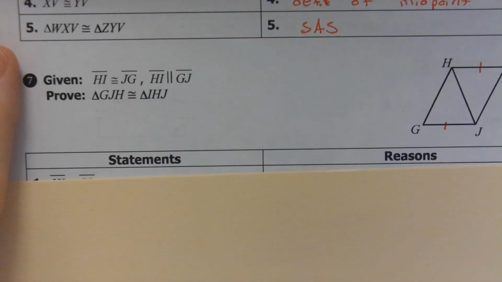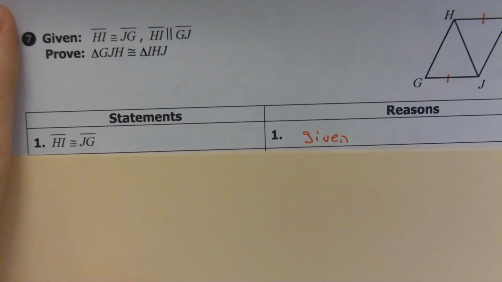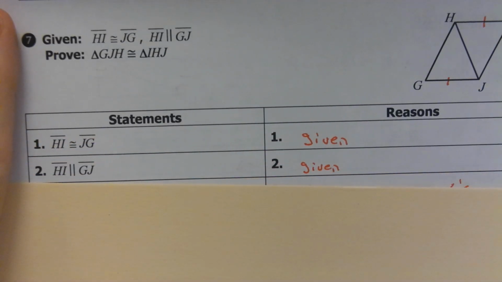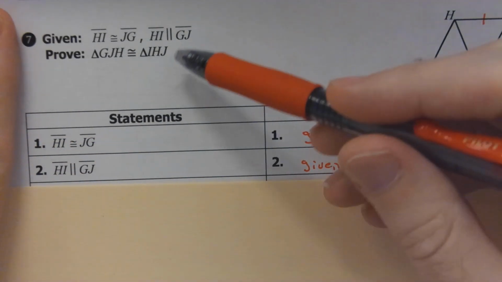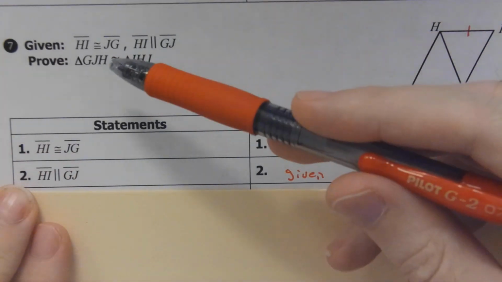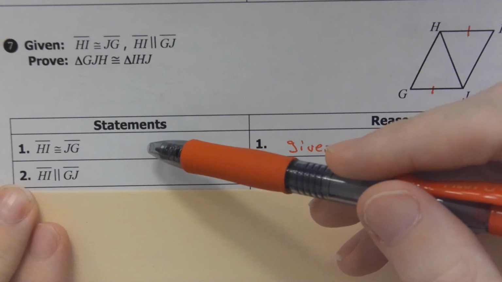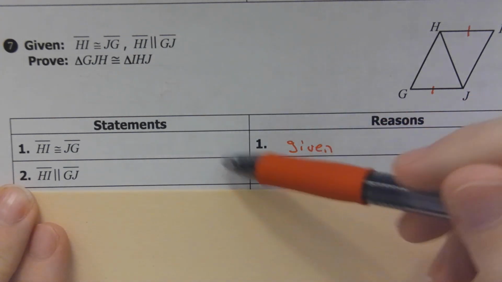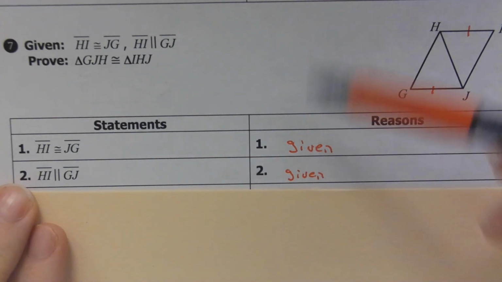Now for our last example, we have our two givens. We have that this is congruent, and we have that they are parallel.